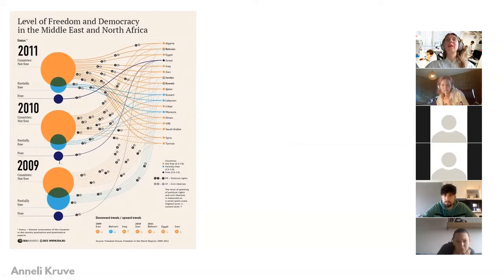Yes, so the opinion is that it is for printed media because there is a need to actually read the text. The point of the graph doesn't pop out from the graph immediately.